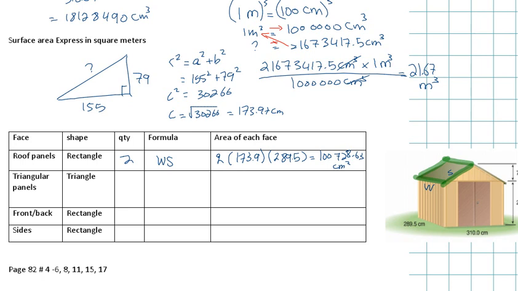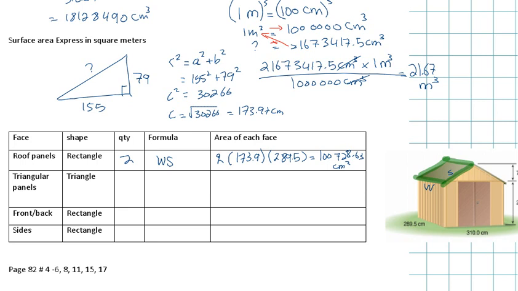So the roof panel, we see two rectangles, and we also see how many triangles? Two triangles, right? We see a triangle right here, and the one at the back.